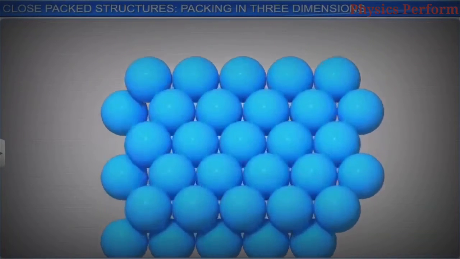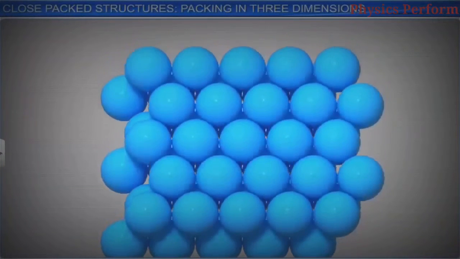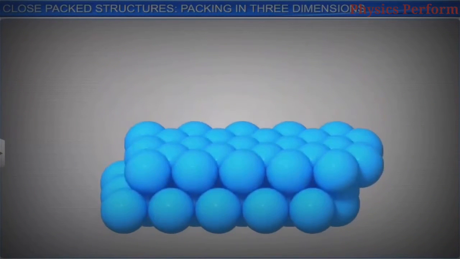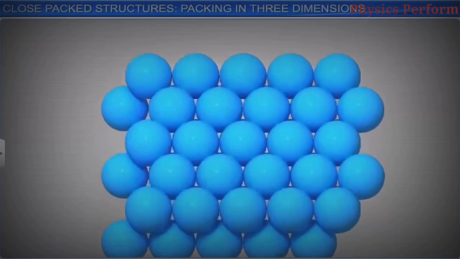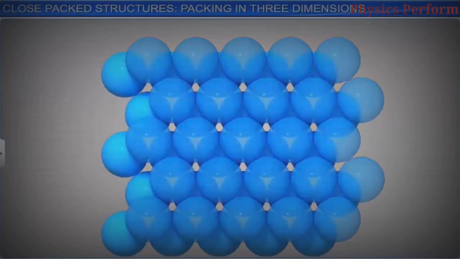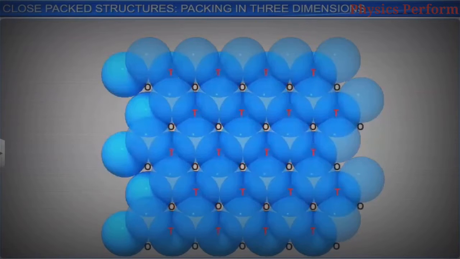It is important to note that when the spheres are placed on the voids of B-type in the first layer, the C-type voids are left unoccupied as no sphere can be placed in them. As the spheres of the two layers are aligned differently, let the arrangement of spheres in the first layer be referred to as A-type and in the second layer as B-type. A closer look at the arrangement indicates the formation of two different kinds of voids, marked as O and T.